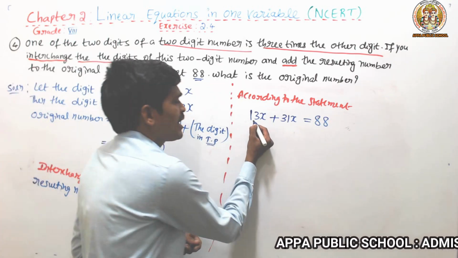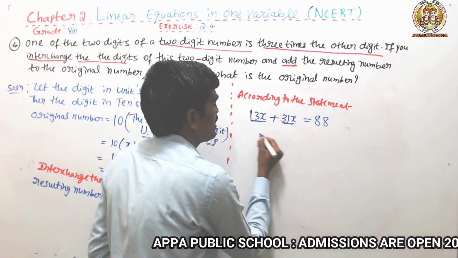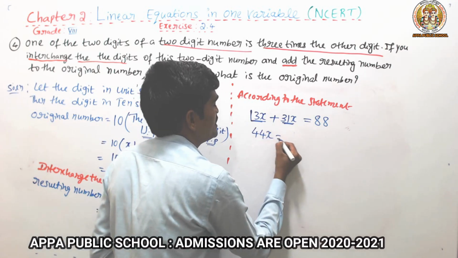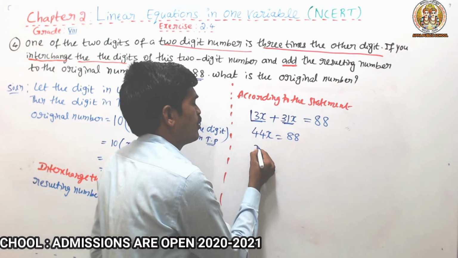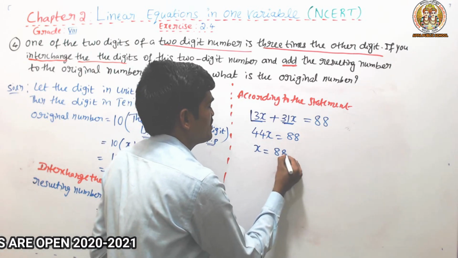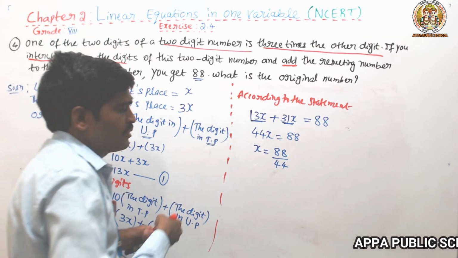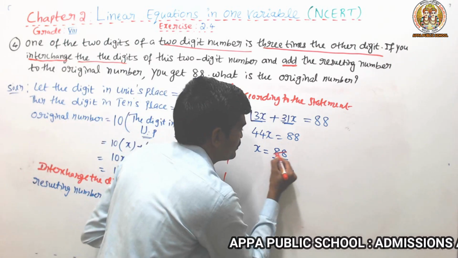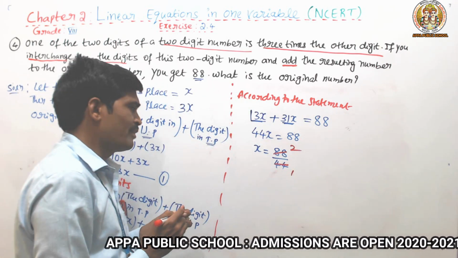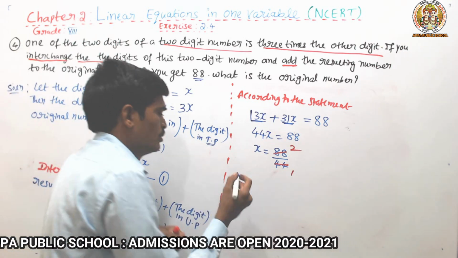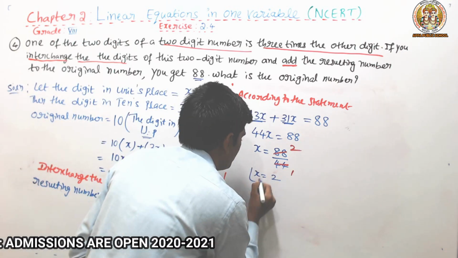So both are like terms. 13x plus 31x should be 44x is equal to 88. How to find the value of x? 88 divided by 44. 44 ones are 44, 44 twos are 88. x is equal to 2.